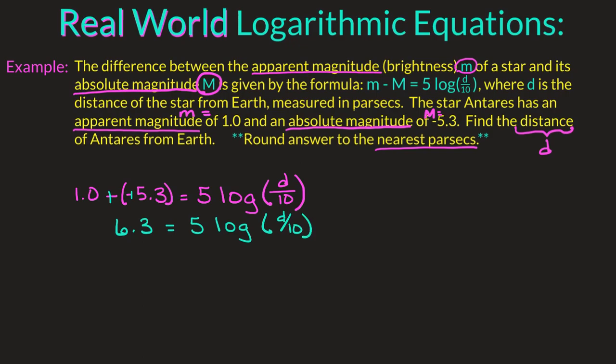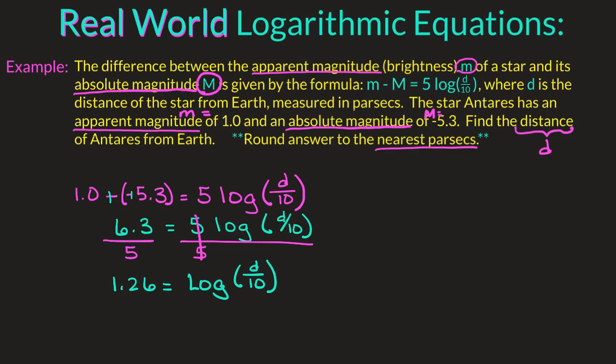Now, again, we're trying to isolate the log. So that means now we're going to divide both sides by 5. The 5s will cancel, and that gives us 6.3 divided by 5, and that's going to give us 1.26. So 1.26 equals the log of d over 10. Now, we need to get rid of this log.